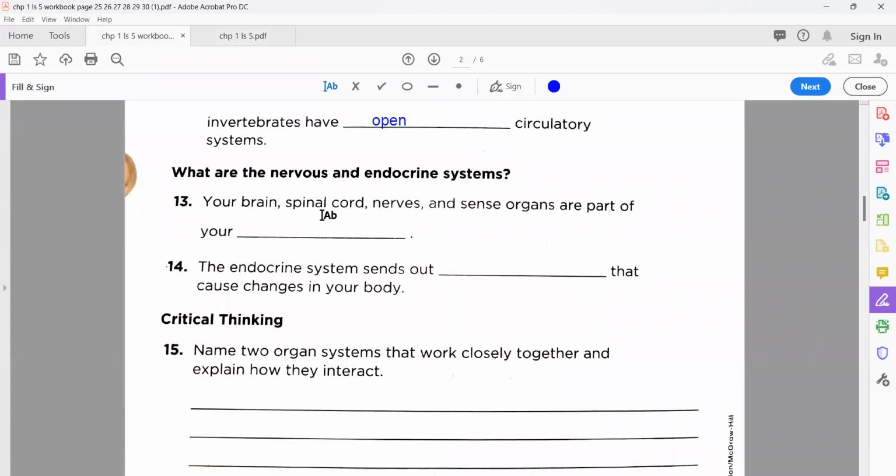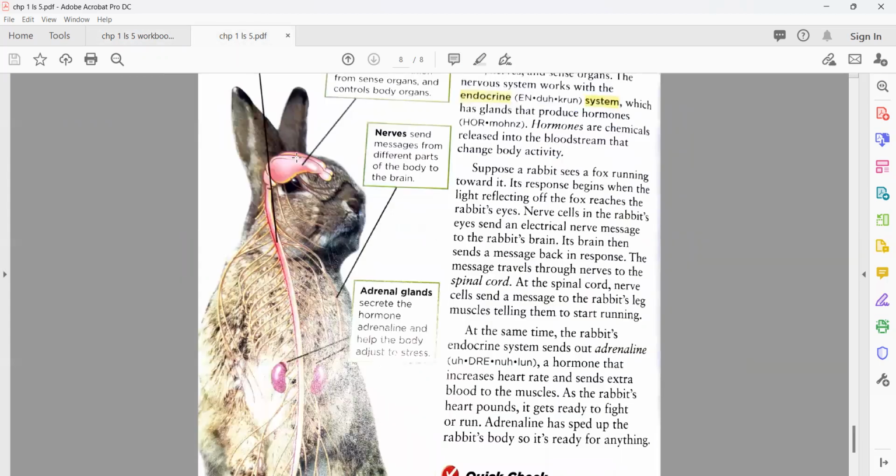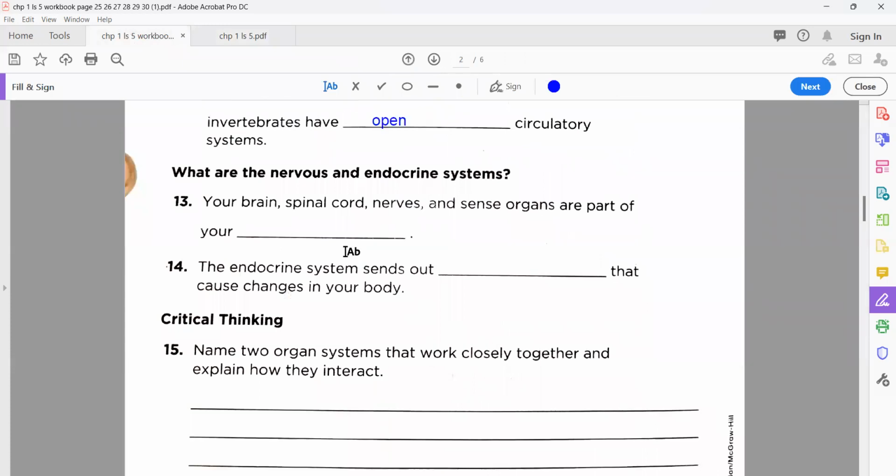Your brain, spinal cord, nerves, and sense organs are part of your dash. Brain, spinal cord, and the nerve endings all form the nervous system. Very good.